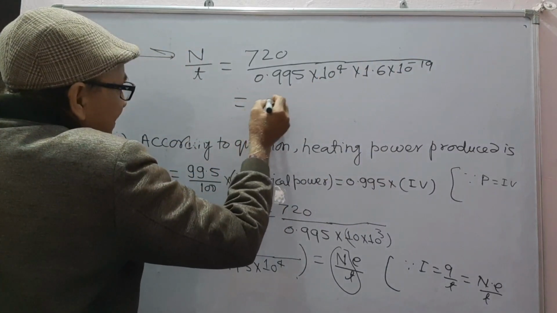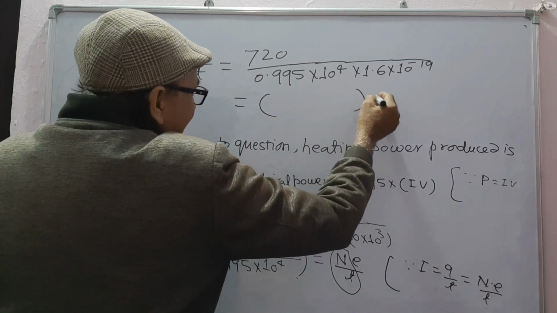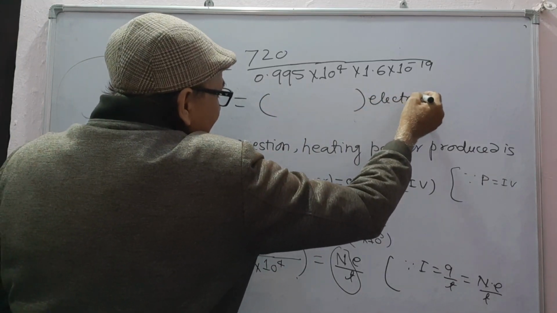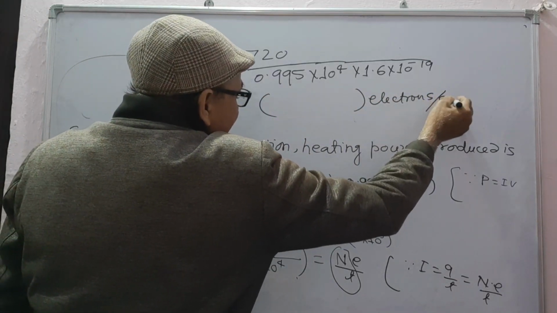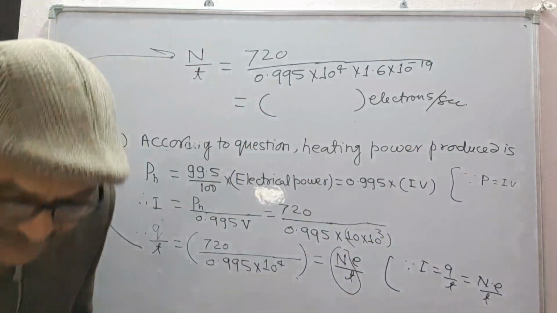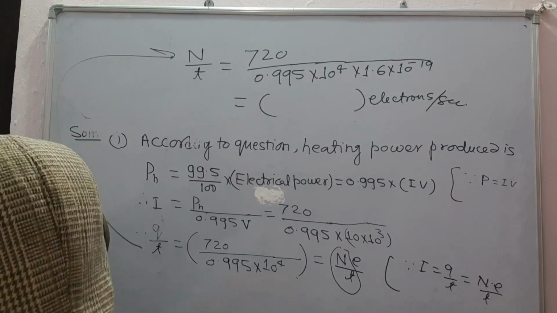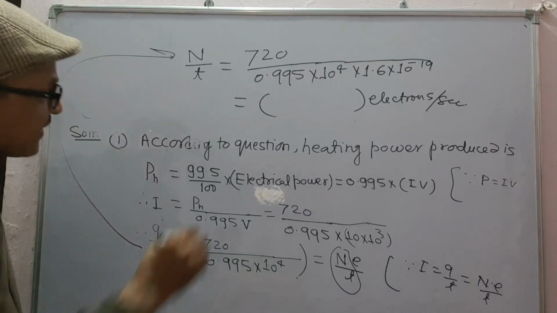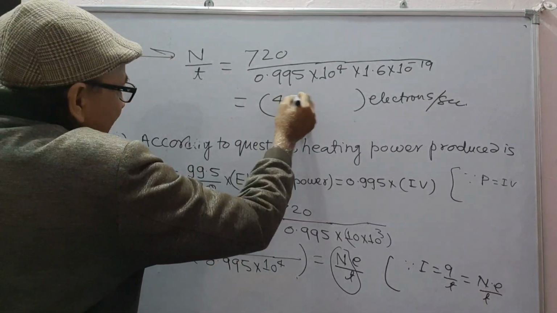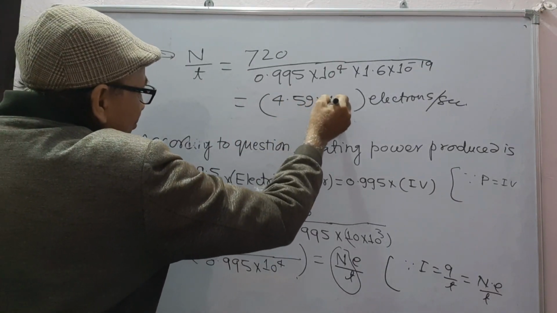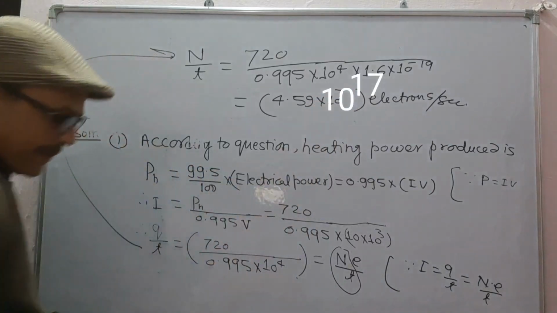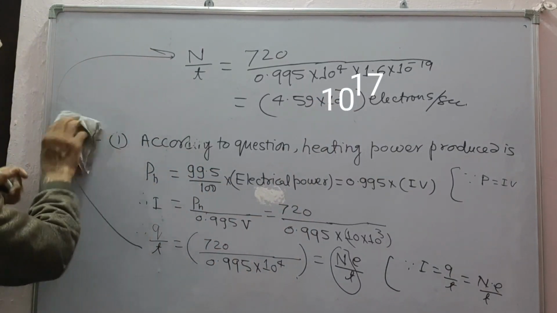On simplification, it gives this many electrons per second. N upon T comes to be 4.59 into 10 to power 17. Now second part.